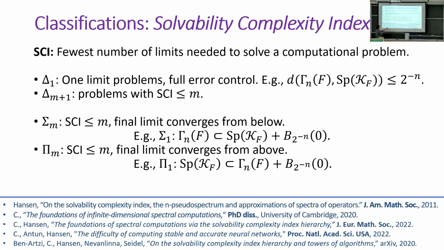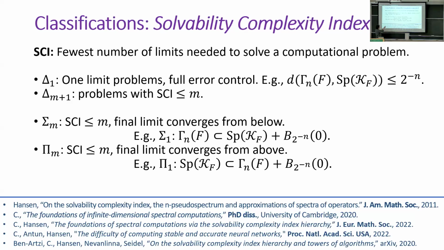But if you're talking about compact sets of the complex plane, what you have to do is say that the output is contained in the spectrum up to some controllable error. Okay? So your algorithm spits out an approximation of the Koopman spectrum, and you know that everything in the output is 2 to the minus n accurate, for example. You can, by the way, replace this 2 to the minus n with any sequence going to 0. It doesn't change the classes.